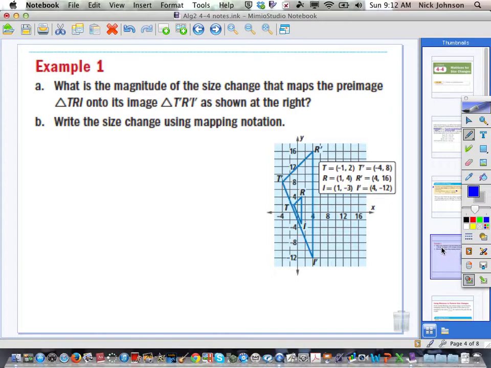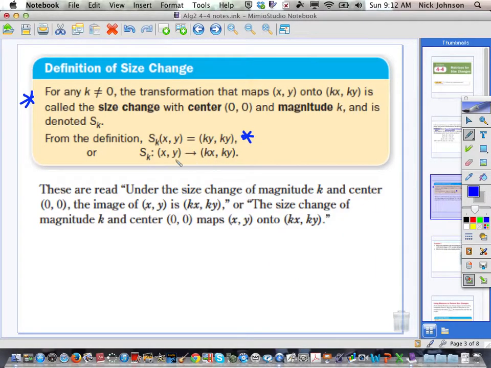Okay? So let's look at example 1. What is the magnitude of the size change that maps the pre-image triangle TRI onto its image T prime, R prime, I prime as shown at the right? Write the size change using mapping notation. So that's this bottom one right here. That's this mapping notation.